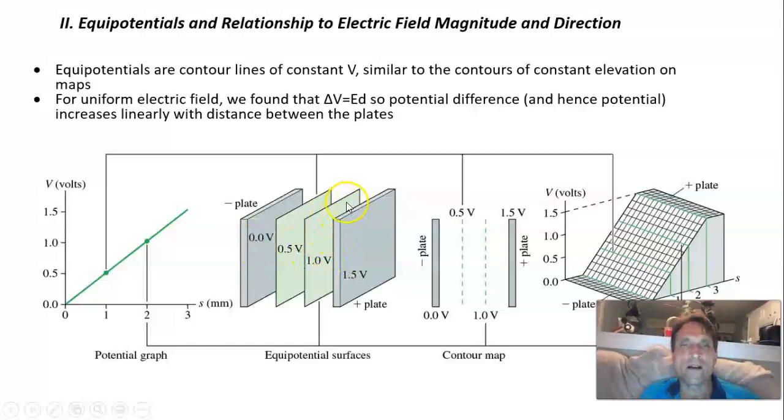And so everywhere at that distance is going to have the same voltage. These equipotential surfaces are planes of constant voltage. We can draw these equipotentials if we're able to measure the voltage everywhere. But for this case, the voltage increases linearly as we go from the negative plate toward the positive plate.